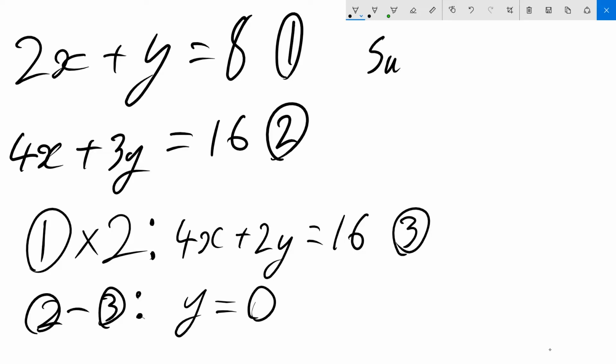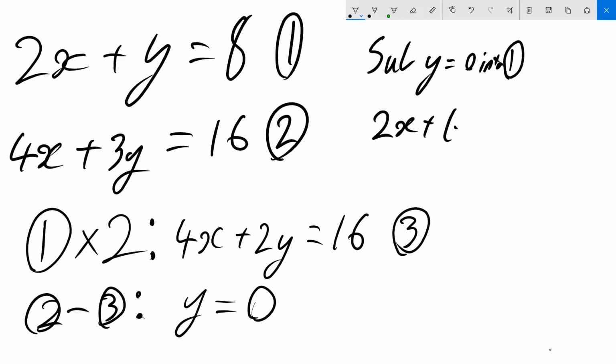I can now sub in y equals 0 into one of the equations. I'll do equation 1. So I now get 2x plus 0 equals 8, which means x equals 4.